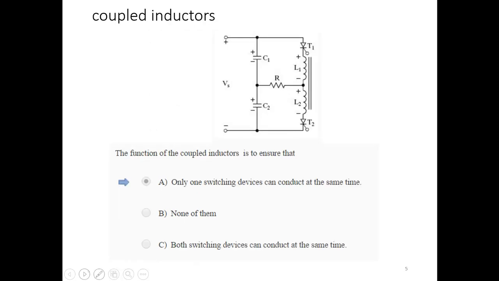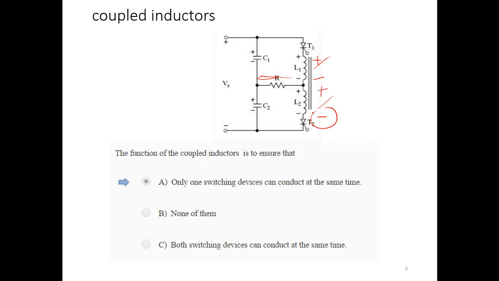And the coupled inductors. In this particular case, the inductors L1 and L2 are coupled so that they share the current as much as possible under transient conditions. The function of the coupled inductor is to ensure that only one switching device can conduct at the same time. If one of them is conducting, there will be a positive voltage from top to bottom, and similarly the other one will be positive and negative.